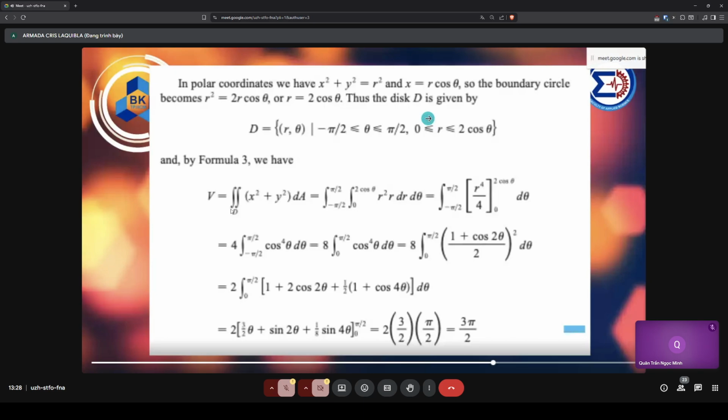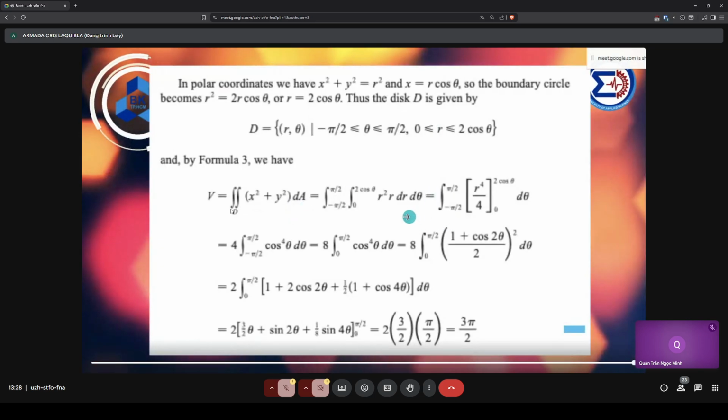In your integral, the x squared plus y squared becomes r squared now. Then dA, replace that with r dr d theta. Now for your r, it's from 0 to 2 cos theta. And then for the theta, it's from negative pi over 2 to pi over 2. And now this is r squared times r, which will become r cubed.